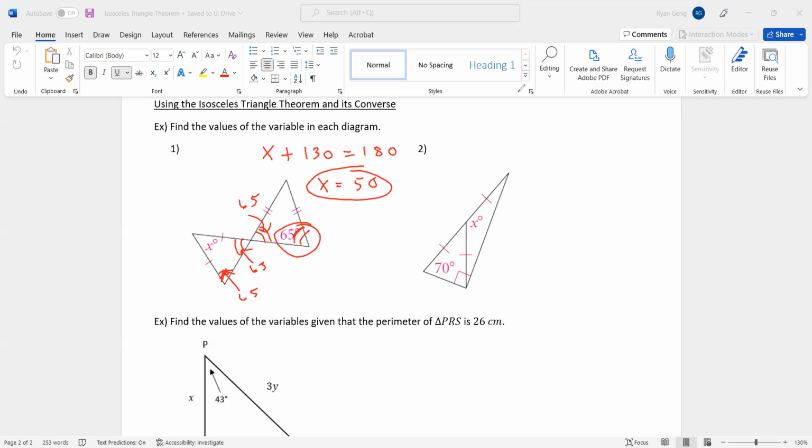I've got, again, two isosceles triangles here. So I've got one, that triangle here, and I'm going to focus there first. These two angles are equal. So that's 70, right?